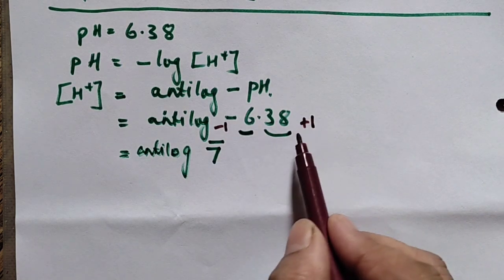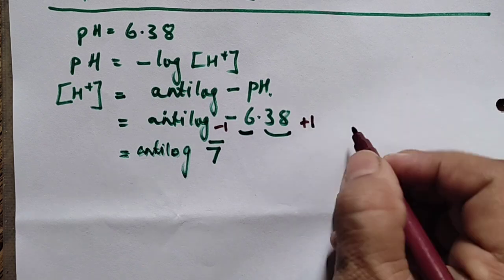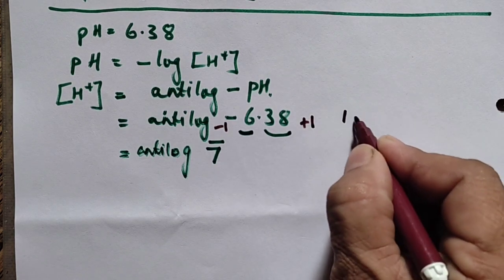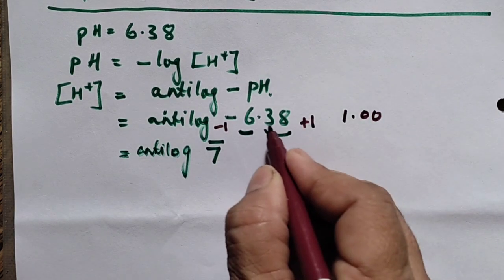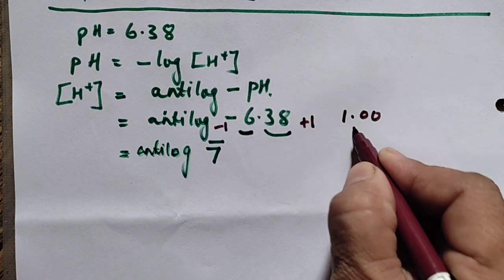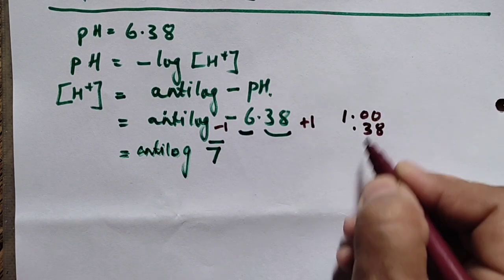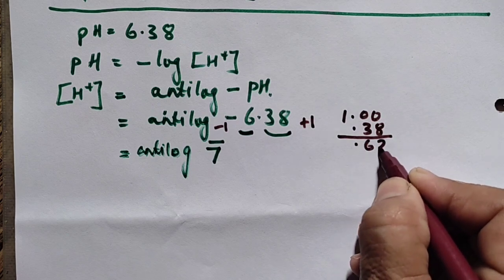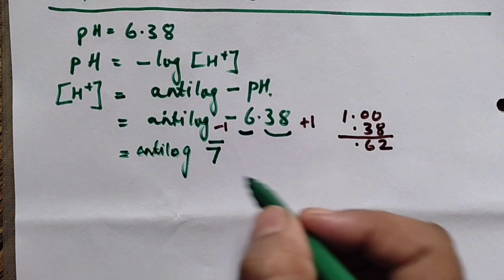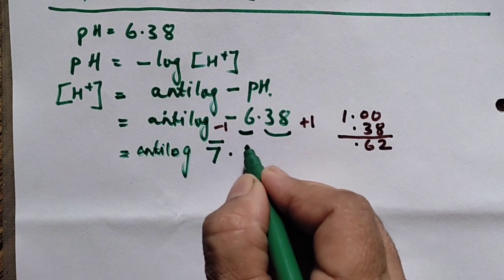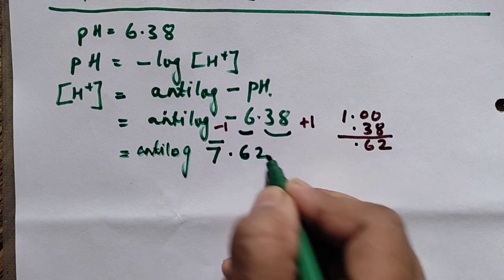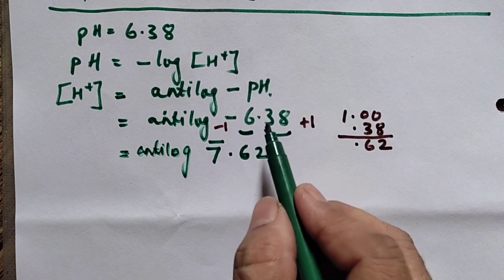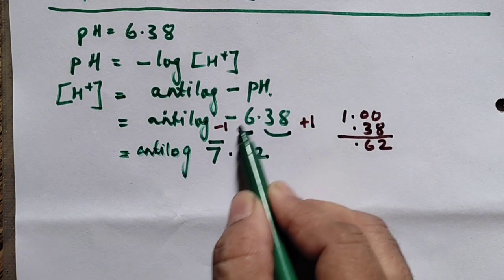And plus 1 this side means ultimately it is 1, and this part is minus only. So you are subtracting 0.38 from it. When I subtract this from 1, it will be 0.62. So you will write it as bar 7.62. Or in a way, simply you can say, before the decimal, you increase by 1.